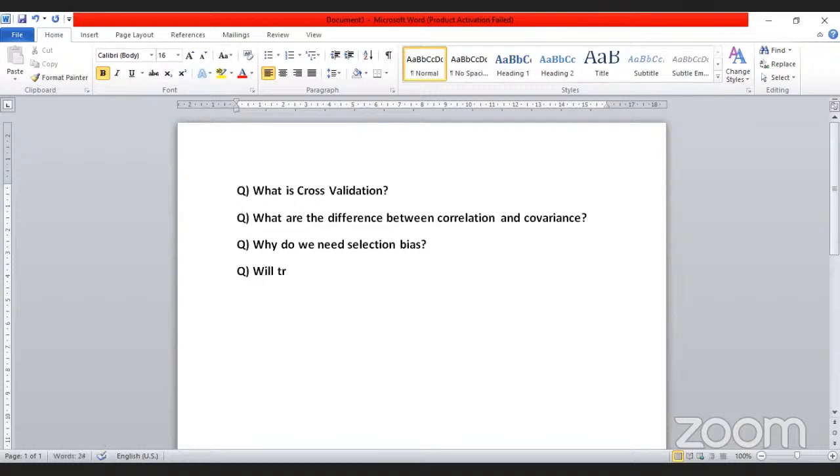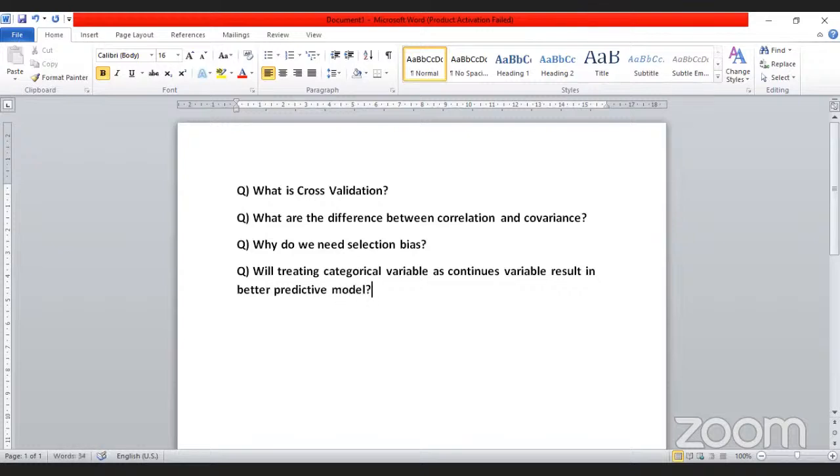Will treating categorical variables as continuous variables result in a better predictive model?